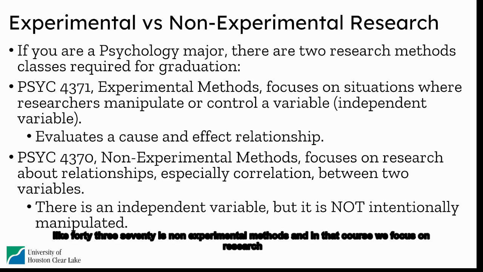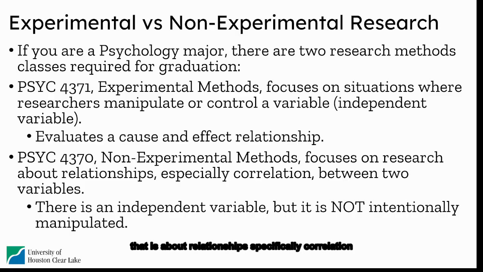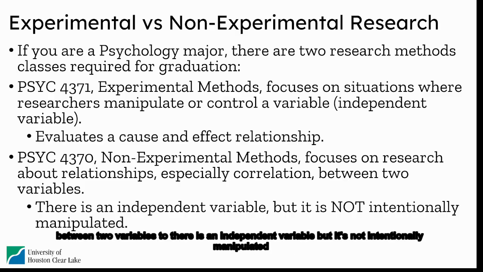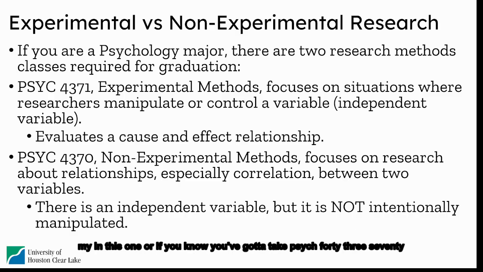Psych 4370 is non-experimental methods, and in that course we focus on research that is about relationships, specifically correlation between two variables. So there is an independent variable, but it's not intentionally manipulated. So I just wanted to throw that out there in case you've taken the other course and you're wondering, well, why am I in this one? Or if you know you've got to take Psych 4370, I usually teach that both in the fall and spring semesters as well.